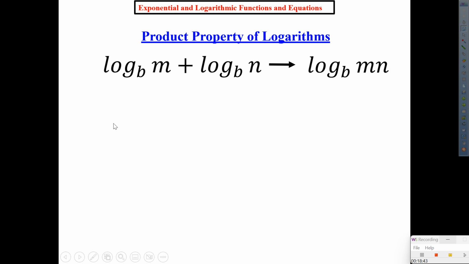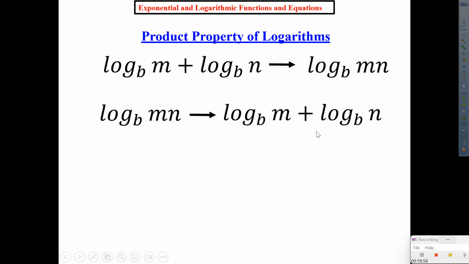If you are given 1 log with 2 numbers multiplying, then we can rewrite that into 2 separate logs of the same base being added. So once again, if you are given 2 logs that are being added of the same base, what happens to the numbers? You rewrite that as 1 log and the 2 numbers multiply.